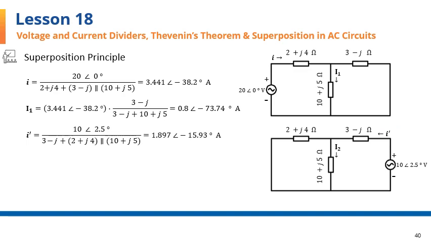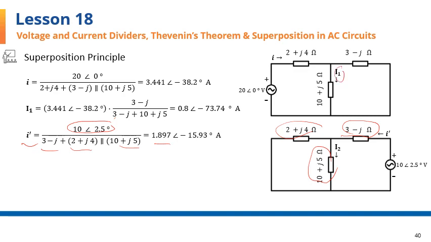I prime equals the voltage, 10 with 2.5 degrees, over the sum of 3 minus j added to the parallel combination of these other two impedances. And the answer is 1.897 amperes with negative 15.93 degrees.